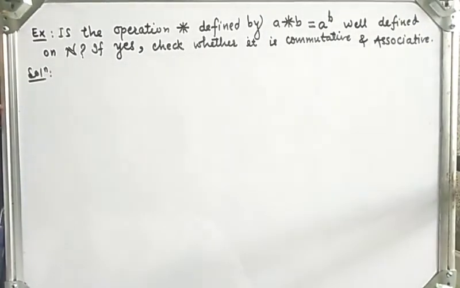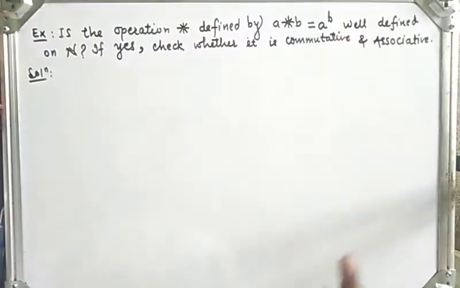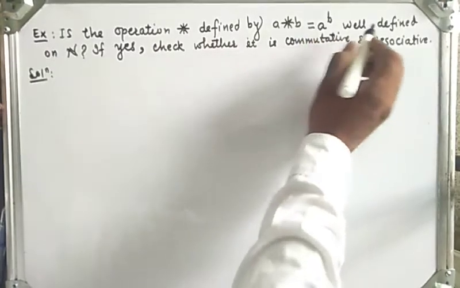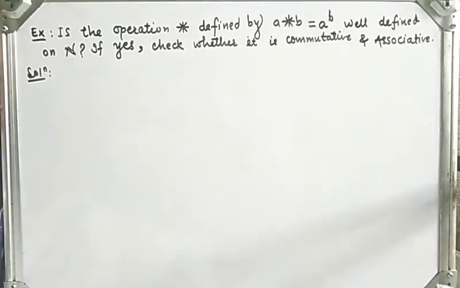Is the operation star defined by a star b is equal to a raised to b well defined on natural numbers? If yes, check whether it is commutative and associative. Now here, first check it is well defined, meaning star is a binary operation or not.